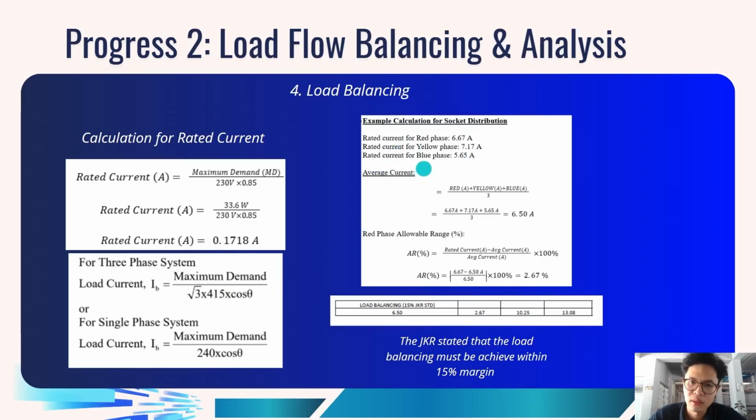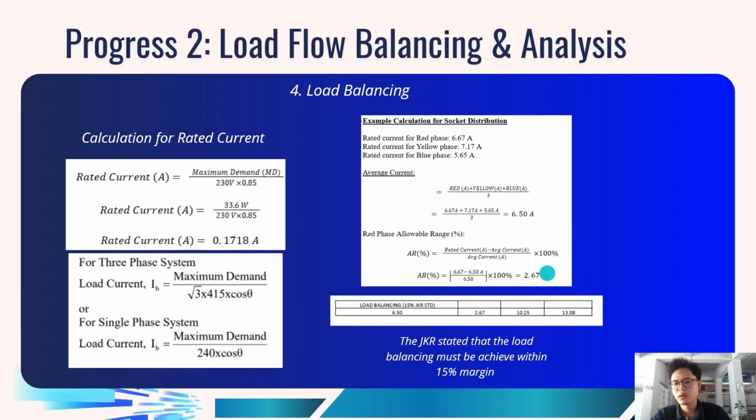Once we have our rated current for the 3 phases, we can calculate the load balancing, where we have the allowable range, which is within the 15% margin. In order to calculate the allowable range, for example for the red phase, we subtract the average current, divide by the average current, and multiply by 100%.